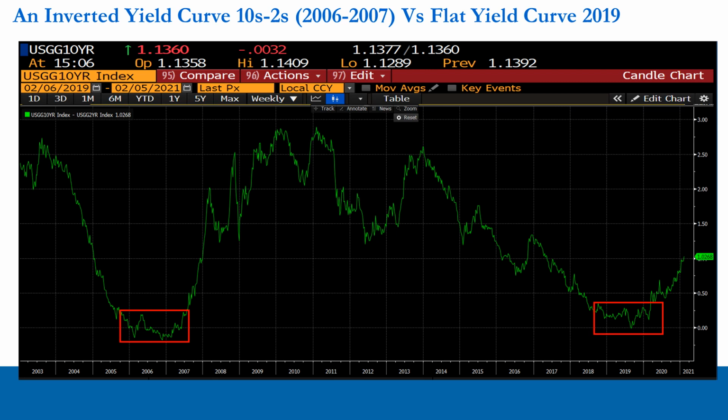So what did we get in 2019? Well, the Fed's not stupid. They were looking at the same things that everyone else was looking at in the market, what we were looking at. They could see what the market was expecting in terms of potential economic contraction because of their preference for long-term bonds over short-term bonds. They could see what was happening in the US economy. They could see a slowdown occurring, and they decided to take action.